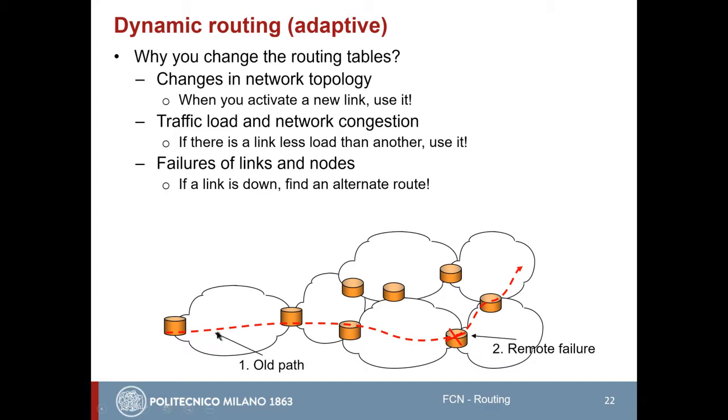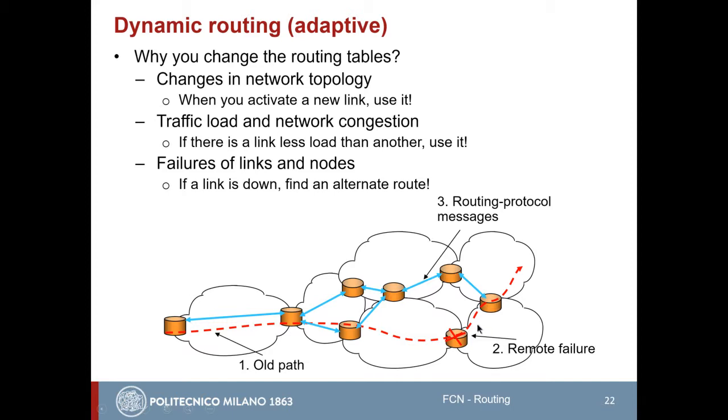But this is only a local mechanism, so you can, in this way, resist to local failures. In this case, the failure is remote. So the only way to adapt to this change is by using the routing protocols.